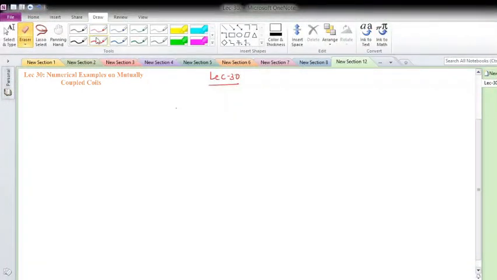This is lecture 30. In the last class we saw the effect of the principle of continuity on the coefficient of coupling. If k is equal to 1, the transformer acts as a perfect transformer, and in that situation the principle of continuity is not satisfied, and the order of the perfect transformer is 1 as it is a degenerate case.